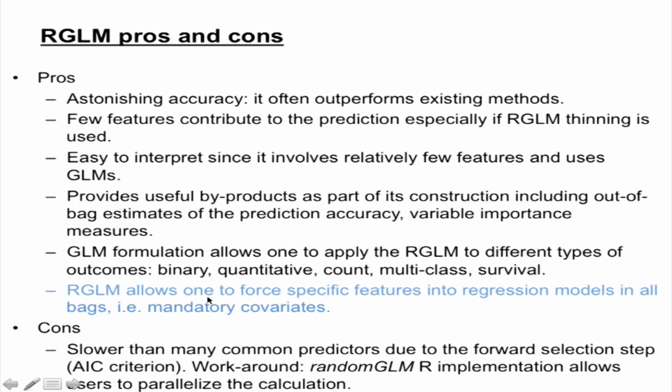When you apply this predictor, you don't need to do cross-validation to estimate the accuracy. You can automatically use the out-of-bag estimate. The GLM formulation allows you to fit different types of outcomes: binary outcomes, quantitative outcomes, count outcomes, multi-class outcomes, and survival outcomes.